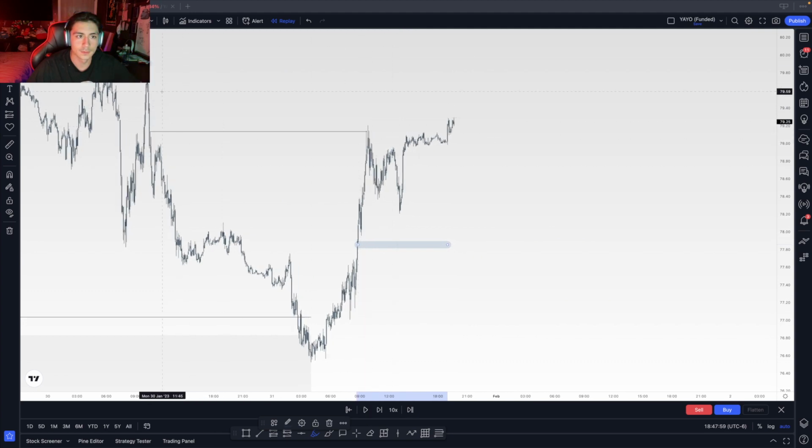Yeah, so now this is cleared. And I would like to be playing from this area. Because here nothing happened, so we're gonna take this liquidity and develop order flow.